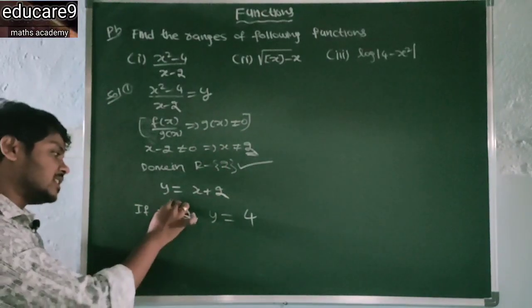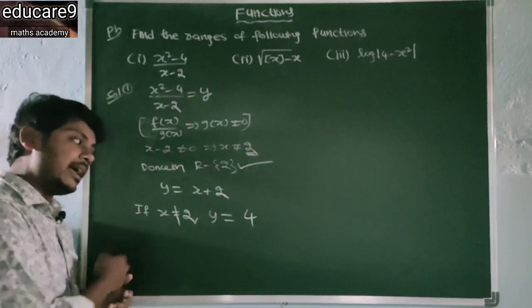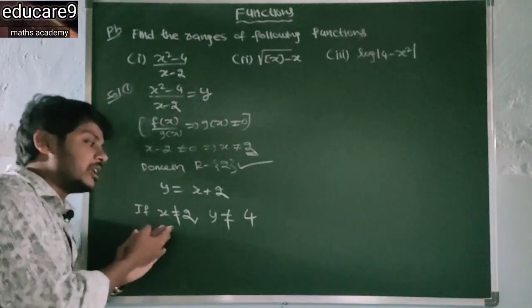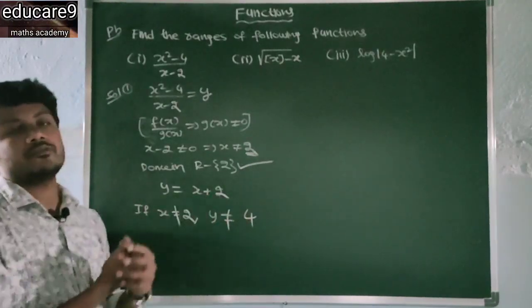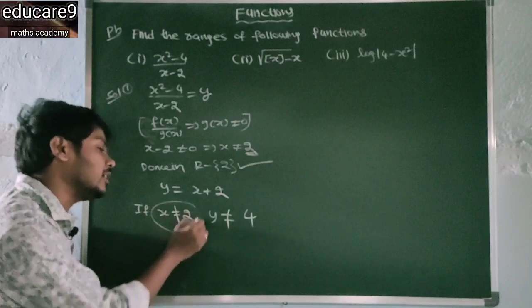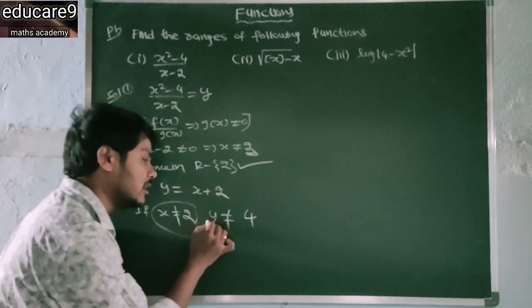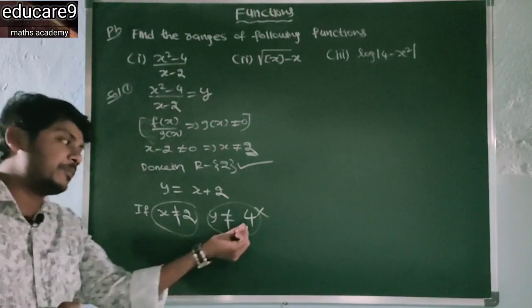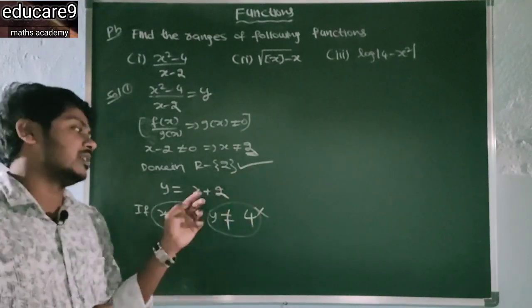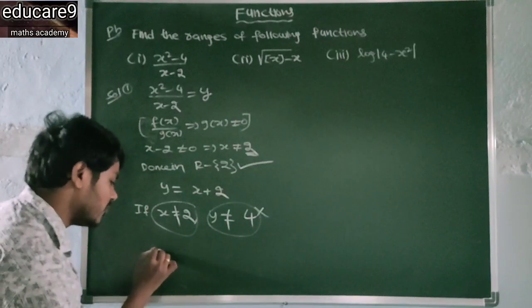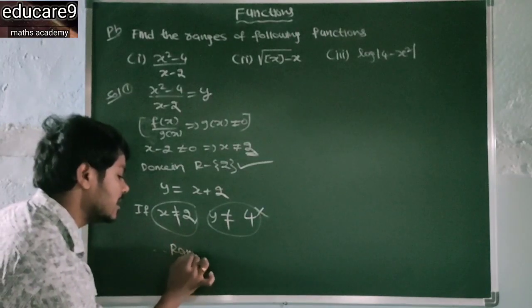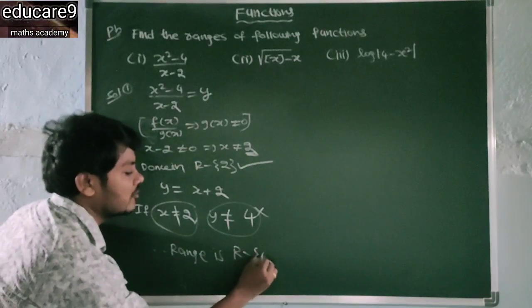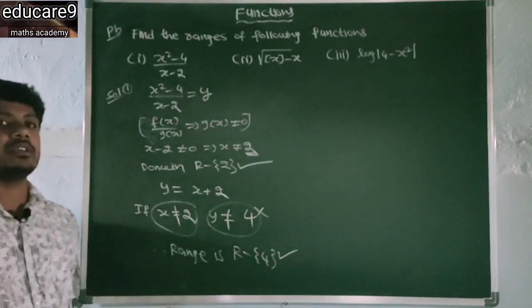So clearly x is not equal to 2, then y is not equal to 4, because if you substitute x equals 2, y equals 4, but it is not there in the domain. So clearly this is also not possible. Therefore, except this value, all remaining values are satisfied. Therefore the range is R minus 4. This is the range of the given function.